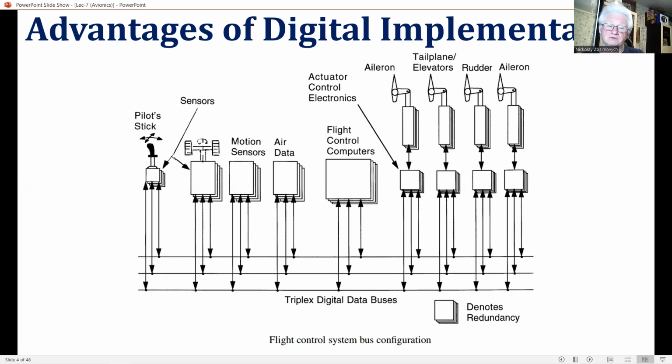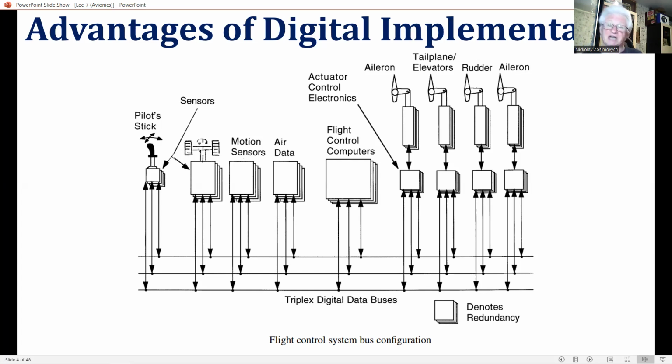Reduced nuisance disconnects. Digital computation allows sophisticated voting and consolidation algorithms to be used, which minimize nuisance trip outs, or simply disconnects. Smaller failure transients.